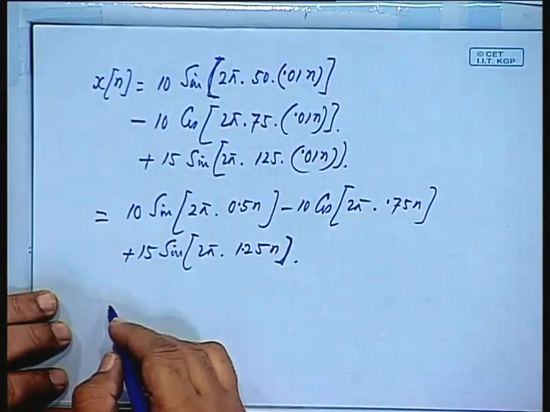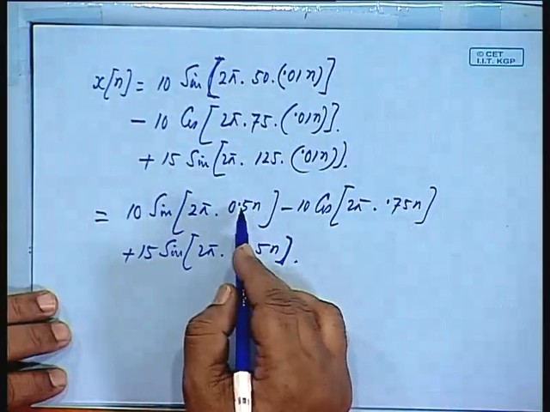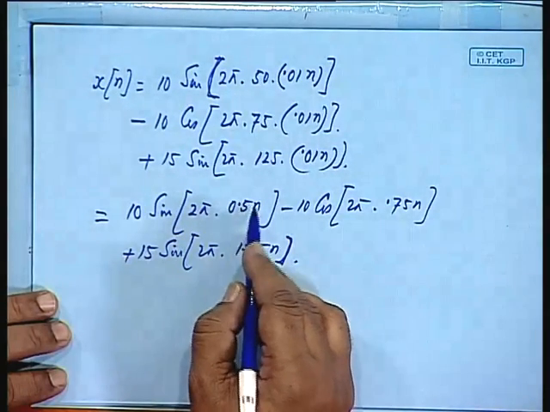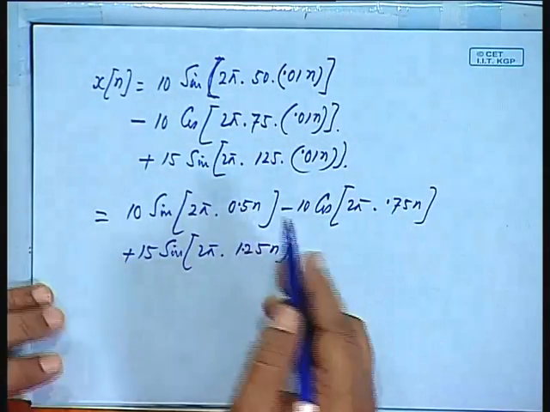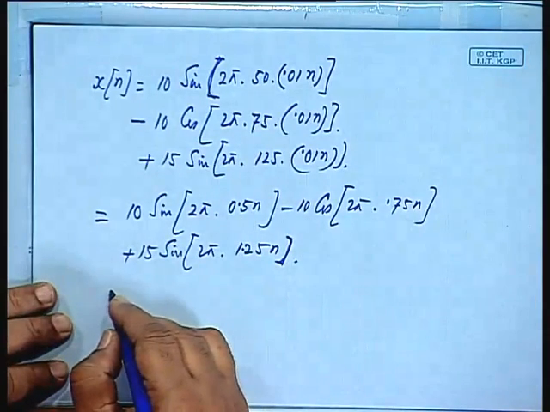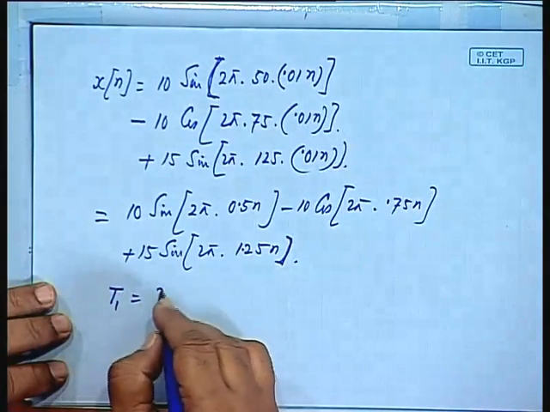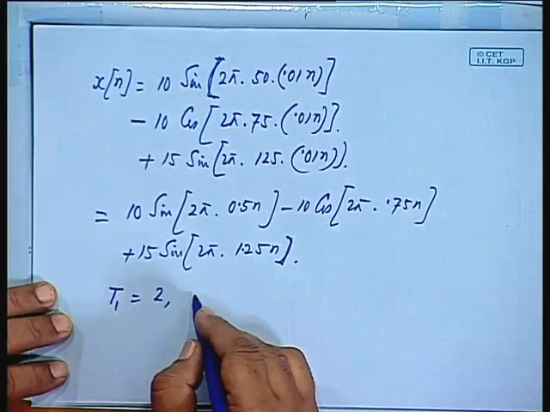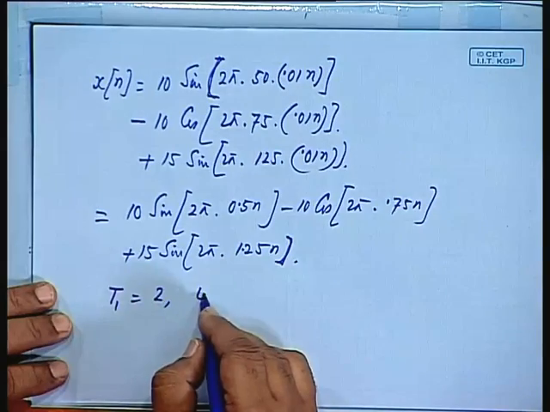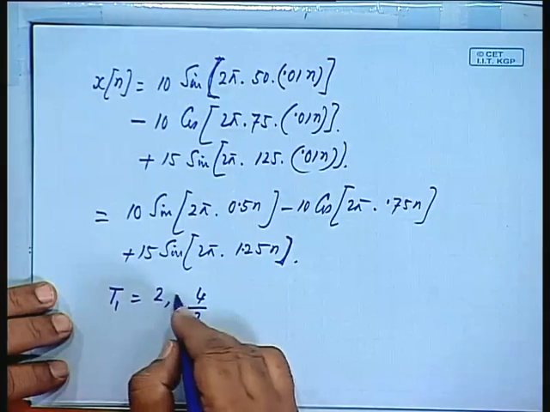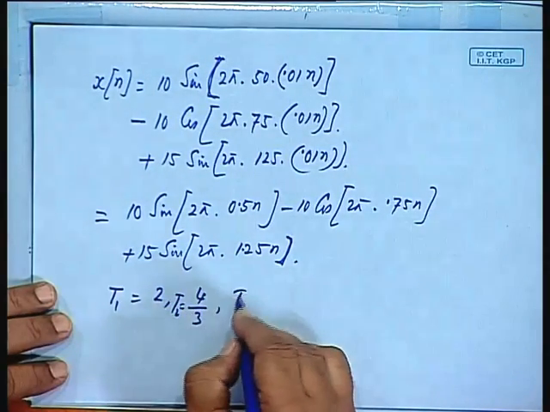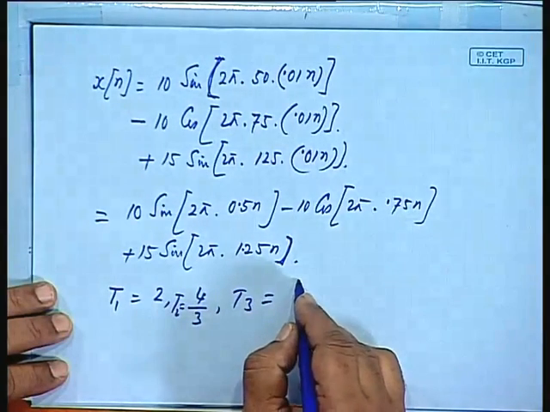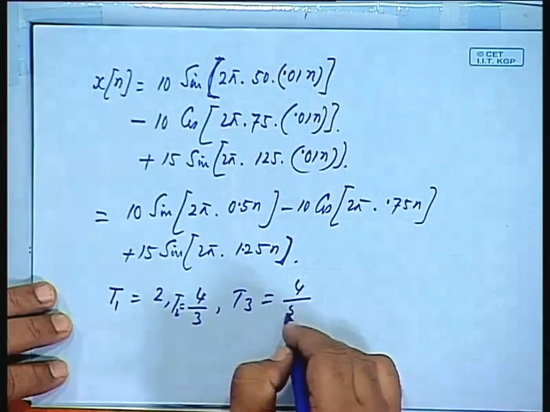Now what is the period of this? The first one I will call T1 is 2, the next one, T2, is 4 by 3, and T3 is 4 by 5.